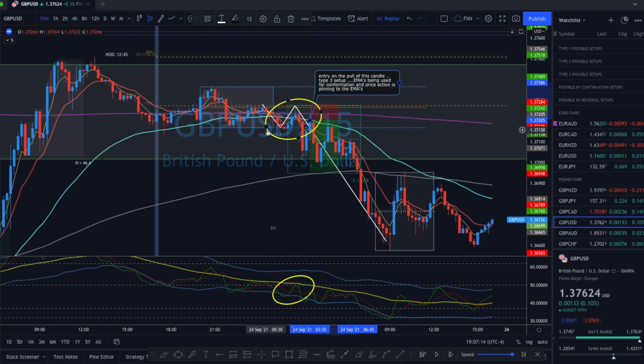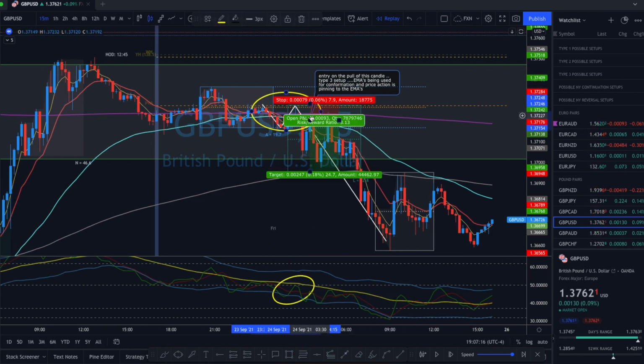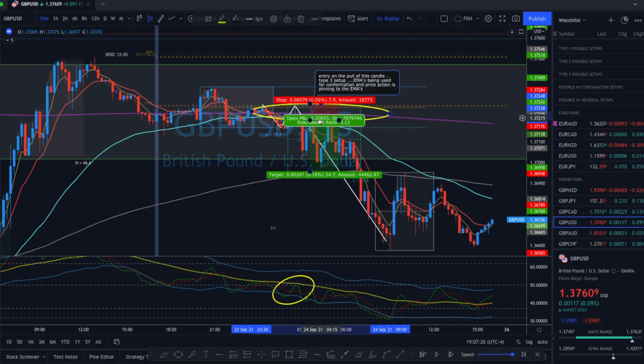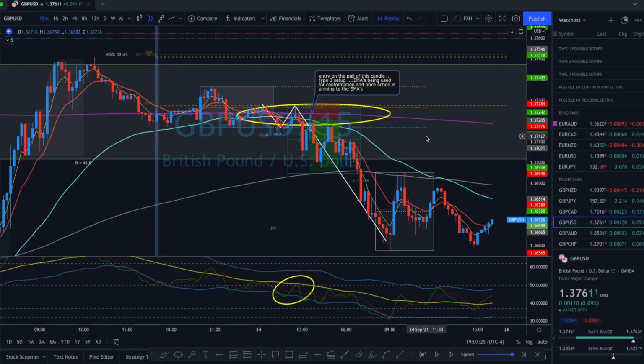And then just take the ellipse, obviously, and you can rearrange it to just showing the fact that it's pinning to the EMAs, right? And then boom, take another photo, copy the link. There's your example for, let's say, showing the EMA as a form of confirmation.